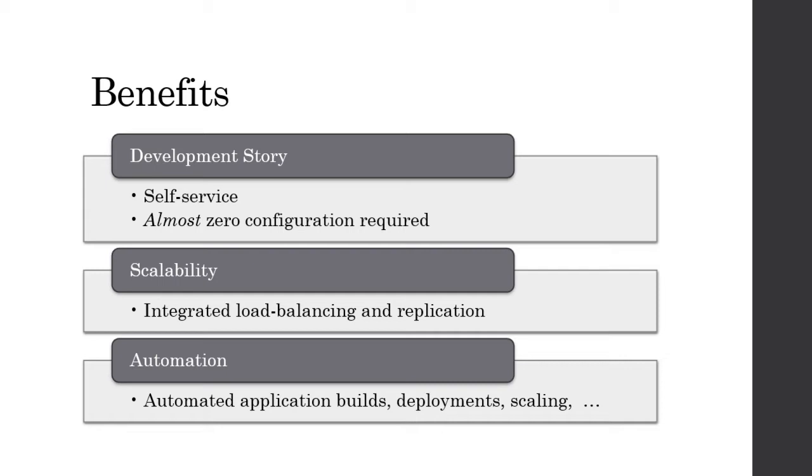For example, if I have 2 backend services but the load is too high, they can theoretically just push a button and make it scale up to, I don't know, 50 containers, and they can also hook some automated system to auto-scale the number of containers up and down. It's also nice from the automation point of view because everything, as we will see afterwards, can be automated on OpenShift, from how to build the code to how to deploy and how to scale your application, and so on and so forth. So those are, let's say, the selling points of OpenShift.